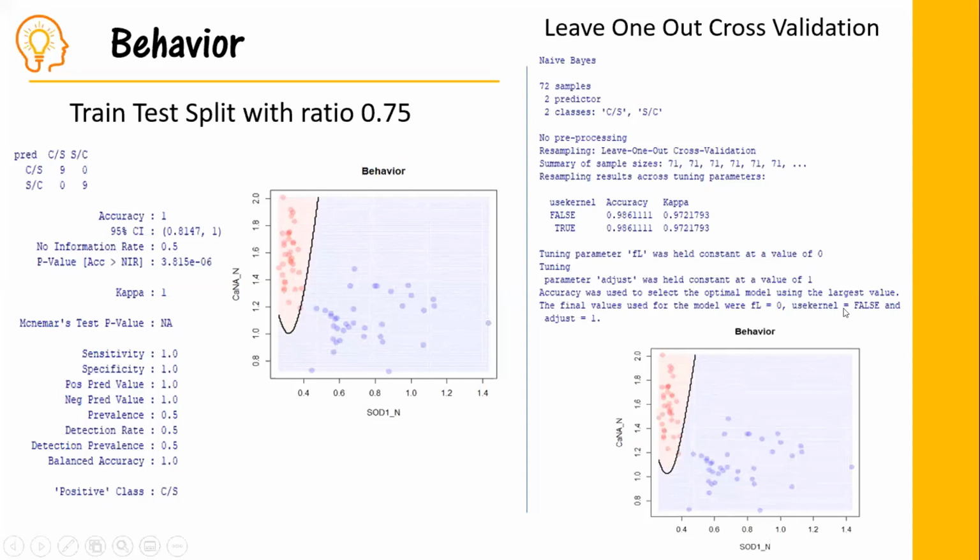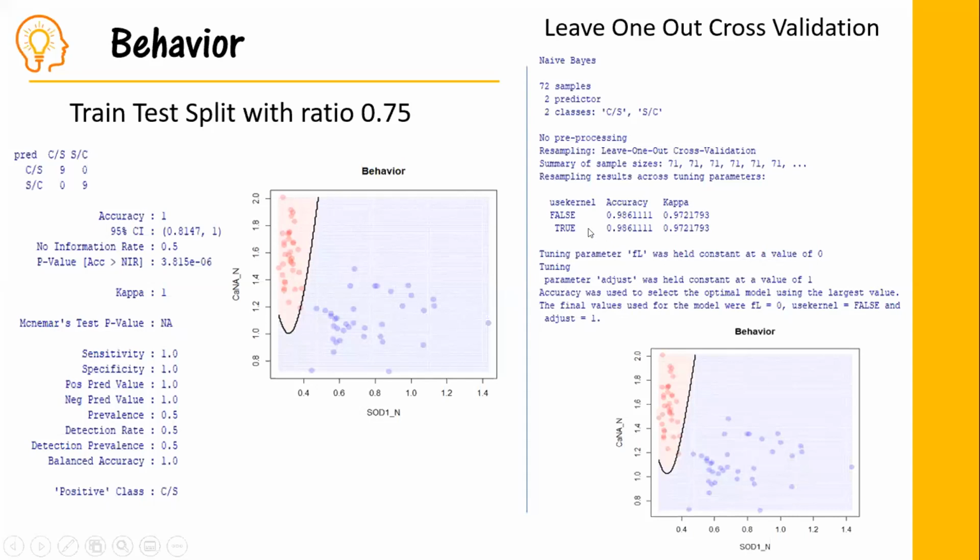If the use kernel is equal to false, then it is the normal density estimation. If equal to true, then it is the kernel density estimation. And adjust is the bandwidth used for the KDE. So this parameter is only used when the use kernel is equal to true, and it represents the spread of the KDE density estimation.